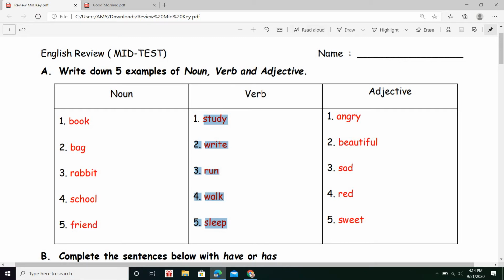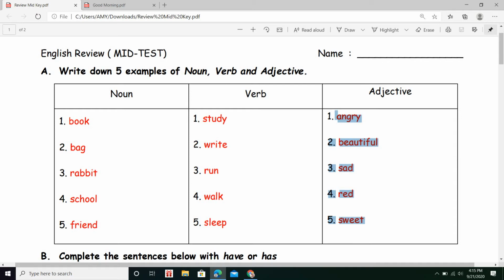And now for adjective, here Miss Asmi also already gave 5 examples of adjective. I wrote angry, beautiful, sad, red, and sweet. We still have other answers of adjective.